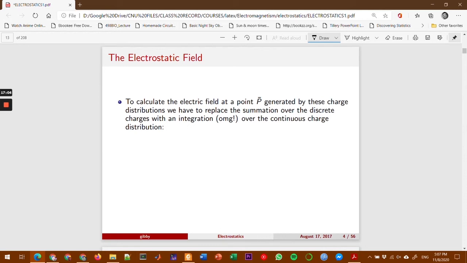Now we are interested in calculating the electric field, let's say at some point P, okay, by this charge distribution. Let's say this is my charge distribution, or this is my source charge. Okay, tapos I want to calculate the electric field at point P. Okay, so this is point P. Because this is a source charge, it will create an electric field around it, right?